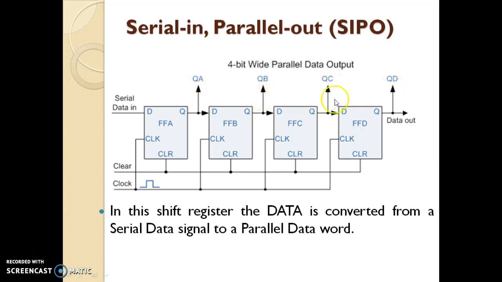So that way it will form a parallel word. In this shift register, the data is converted from a serial data signal to a parallel data word. So you can see the data is entered serially and is available at the output in parallel, simultaneously at all 4 outputs of the flip-flops.